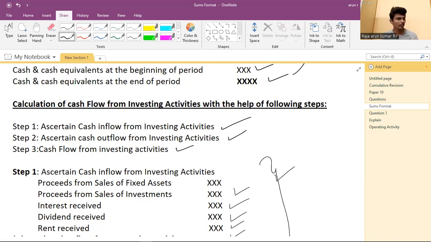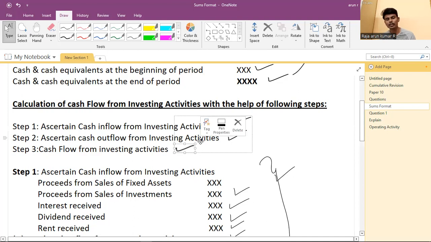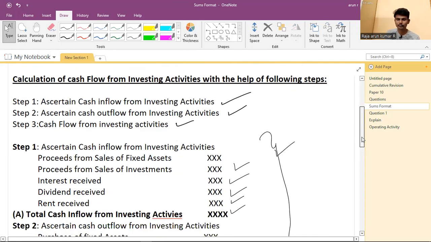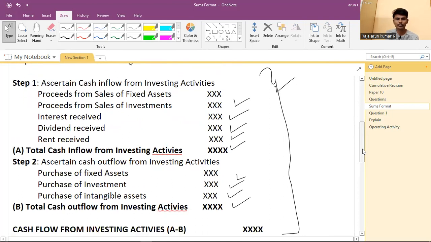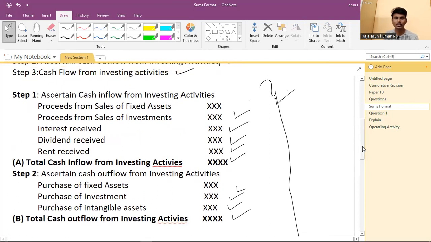We see what are the cash inflows and cash outflows in the sums. This is the cash inflow and cash outflow.